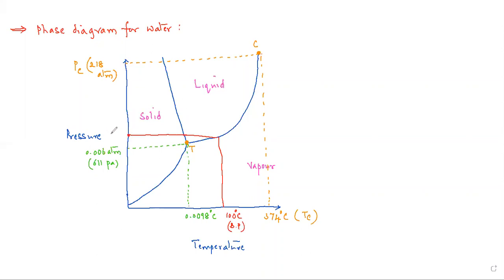Then we know that the pressure at the boiling point is, of course, 1 atmosphere, right? Nothing but 101,325 Pascal. Then, just before the critical point is the melting point of water. Okay.